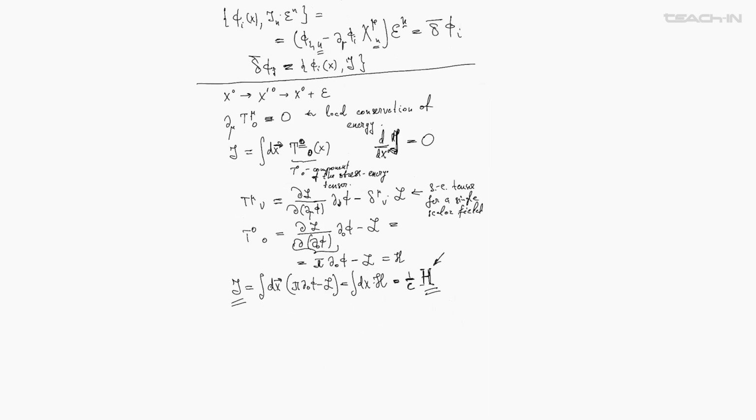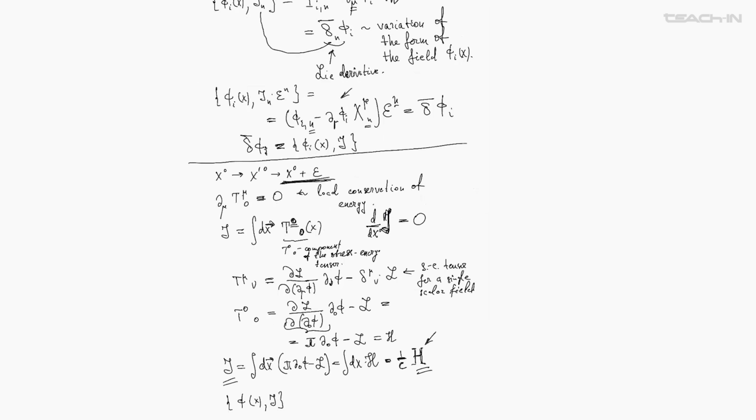You see, this means that the field phi of x, under the action of this J, according to this formula here, must undergo the time translation.